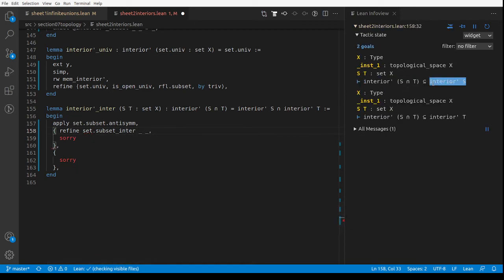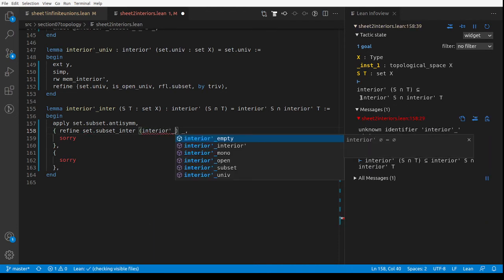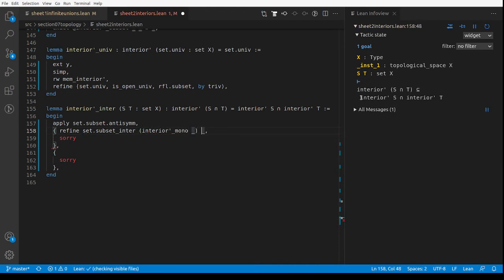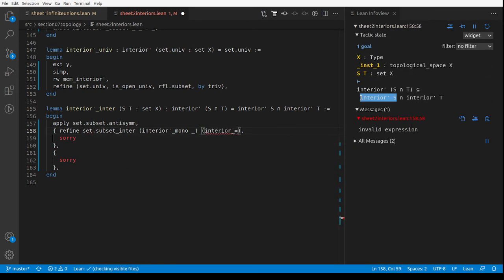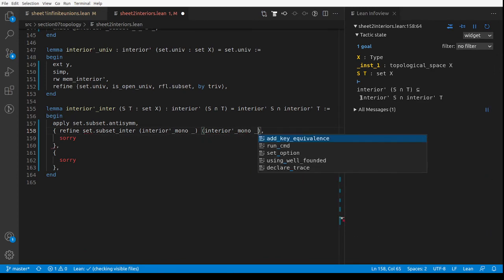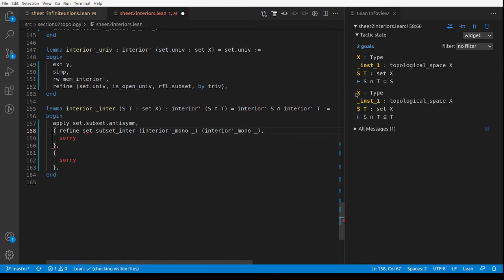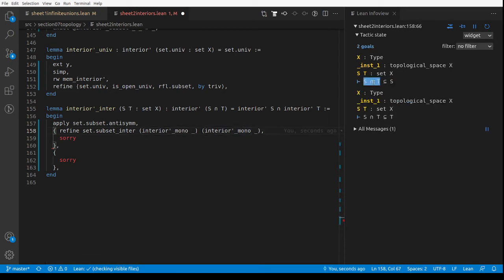And now I've got to prove, and both of these are, that's interior primed mono something, and this is also interior primed mono something, and now these are both by, what's this, because this will be called inter subset left or something.